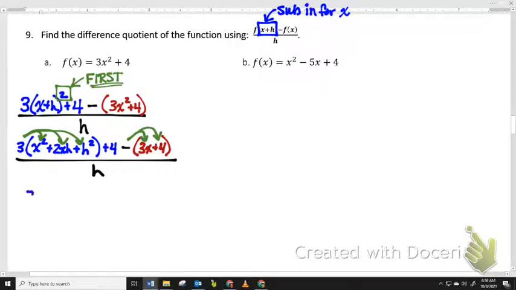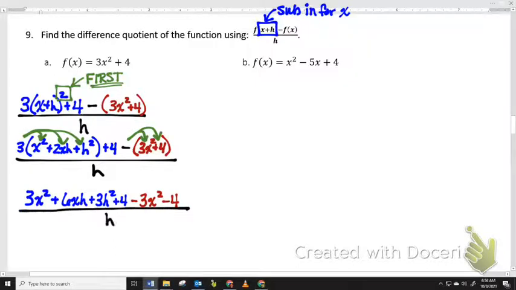So I'm going to have 3x squared plus 2xh. Sorry, not 2, 6. 6xh plus 3h squared plus 4 minus 3x squared minus 4, all over h.